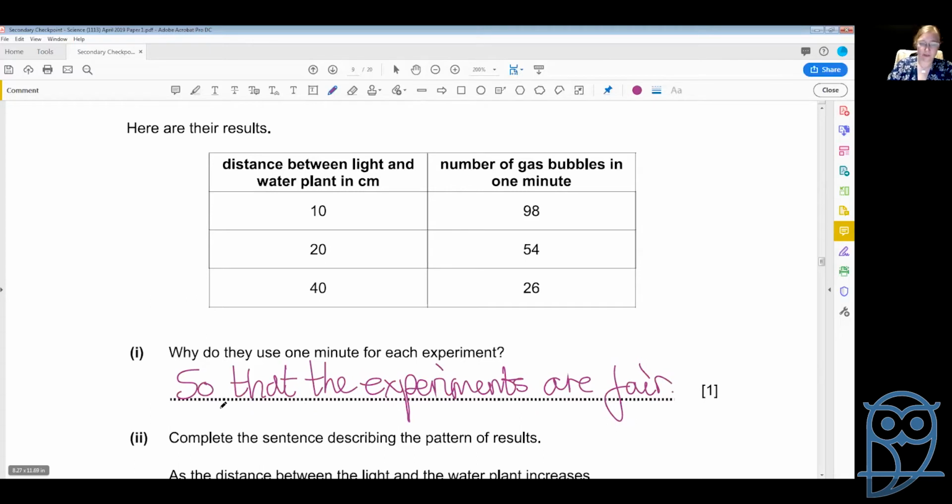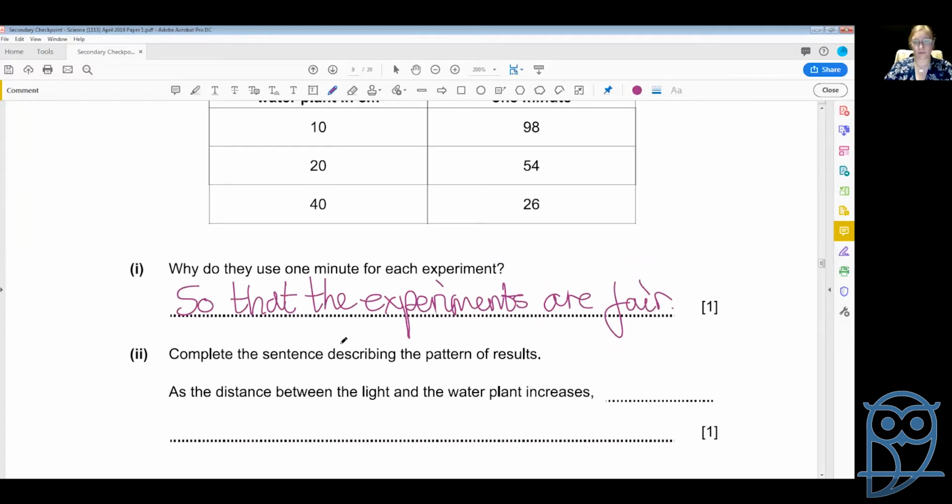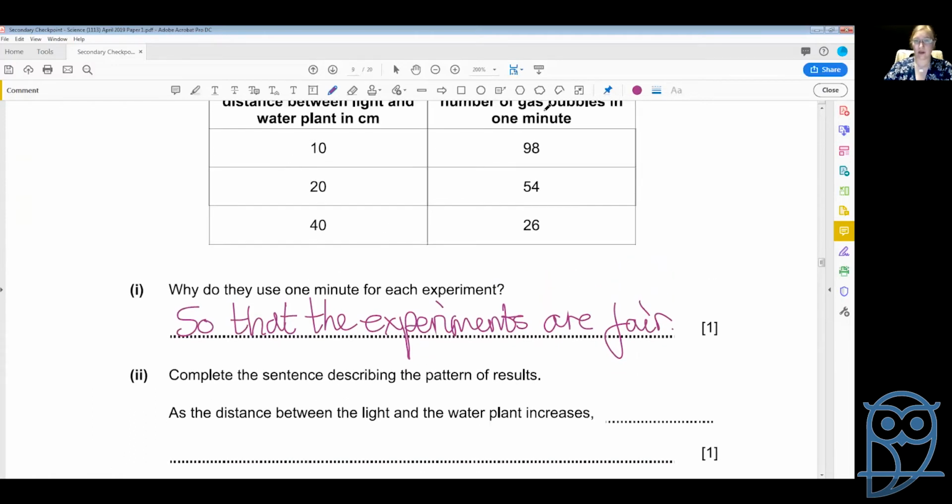And that's fair, so that we can compare the different experiments with each other. Because the only thing that we changed, we didn't change the amount of time we're measuring, we just changed how far the light is. So complete the sentence describing the pattern of results. As the distance between the light and the water plant increases, so this is how it's increasing.